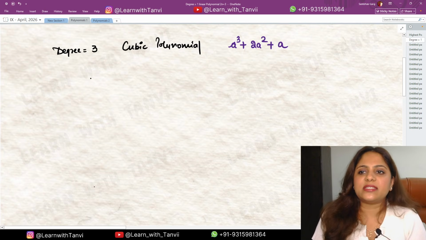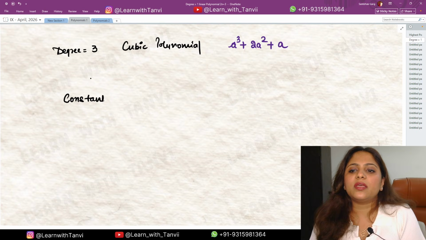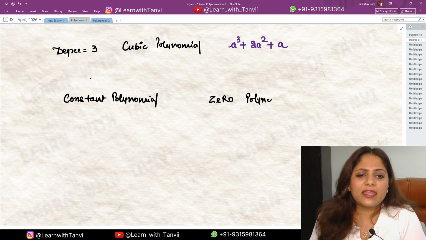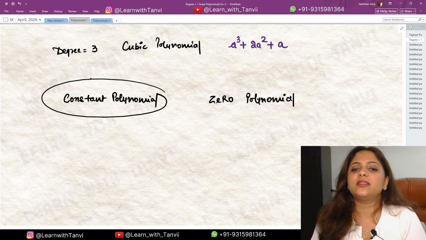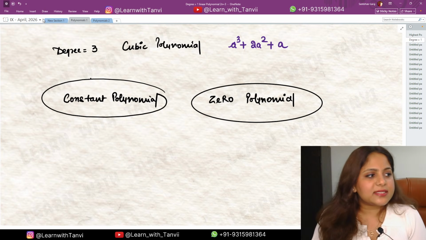Now we have two different ones also, which are on the basis of degree: we have a constant polynomial, and then we have a zero polynomial. This concept is very important. This is taught in your 9th standard and it comes in the 10th standard. इस साल भी पेपर में क्वेश्चन आया था. Now, what is the concept?